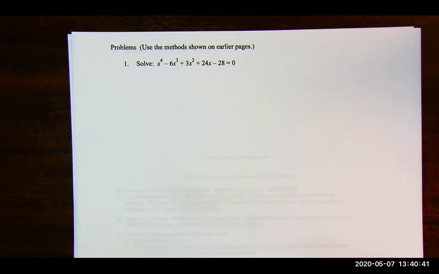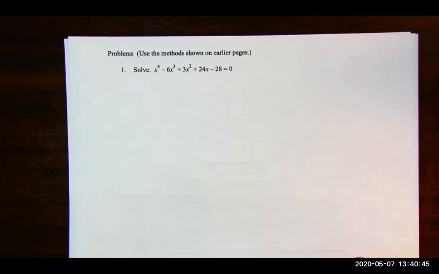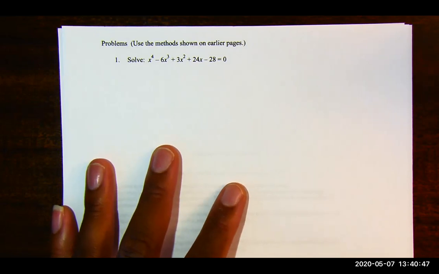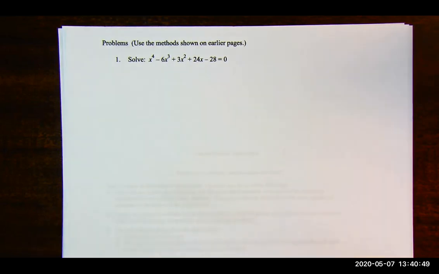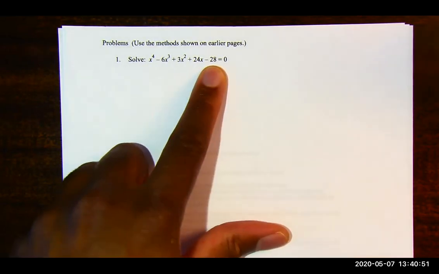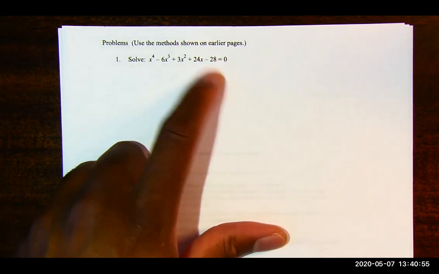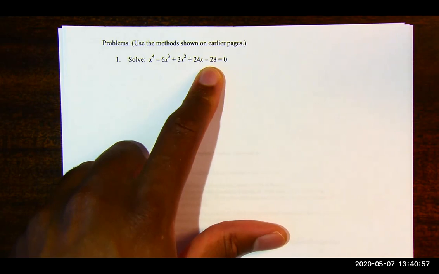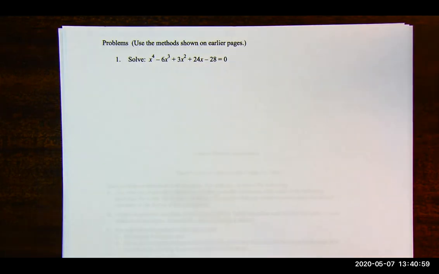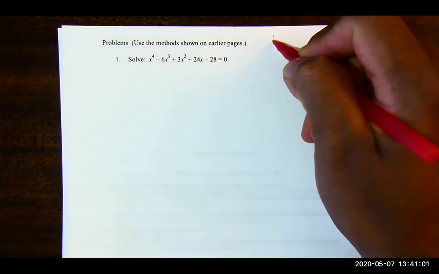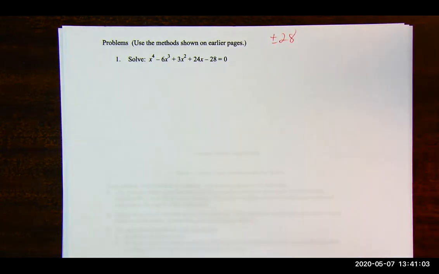So the first step to solve this extra bit of practice is we have to look at numbers that are factors of 28. Generally though, if you simply throw plus or minus, you don't have to worry about if it's positive 28 or negative 28. But we do have to look at factors of plus or minus 28.